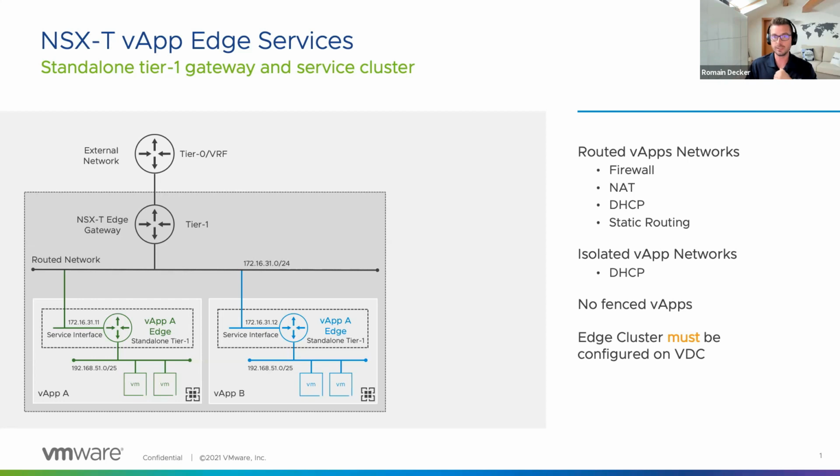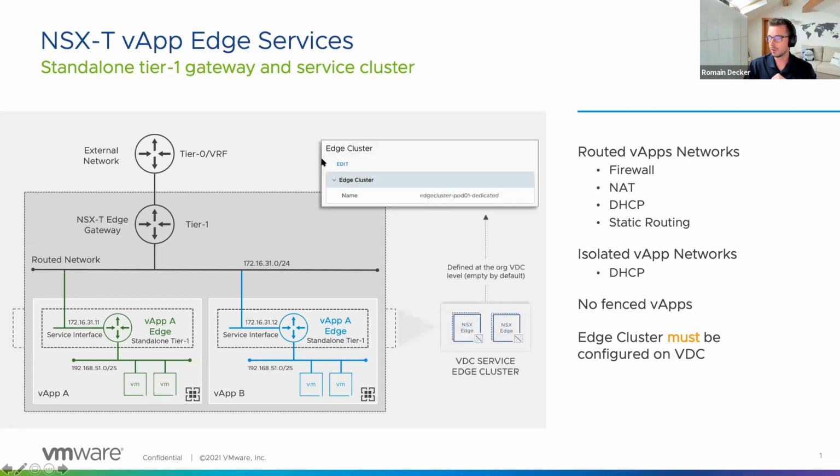By default, it's empty. If you don't do it, you won't have the tab to connect the tier 1 gateway to the org VDC networks. So you have an edge cluster section at the org VDC level. It's empty by default. So you are free to pick either the edge cluster of your external networks, of your existing NSX-T edge gateways, or a specific one if you want for scale reasons. And then you will have a new connection tab at the vApp network level.